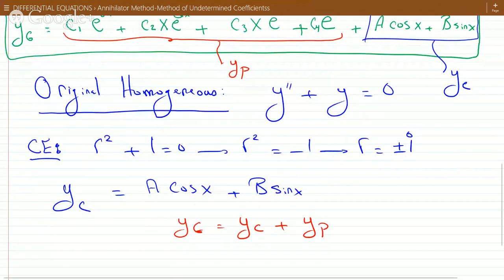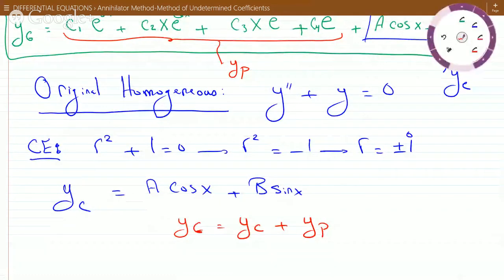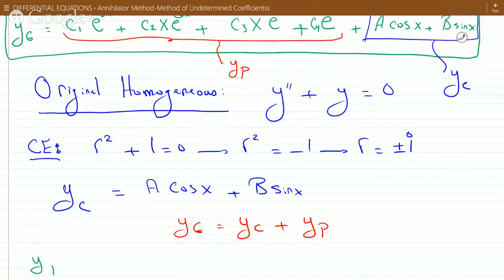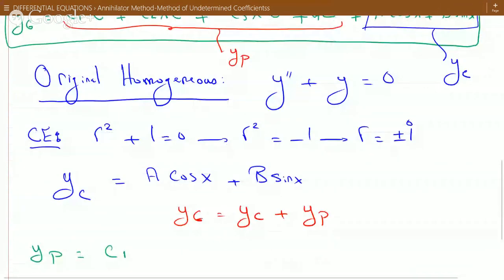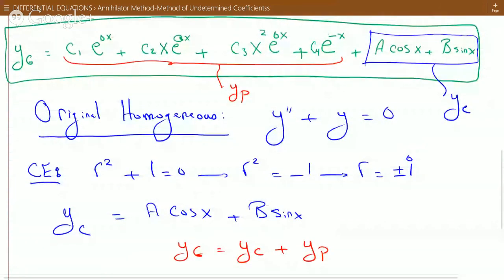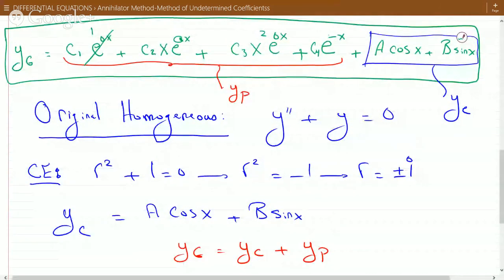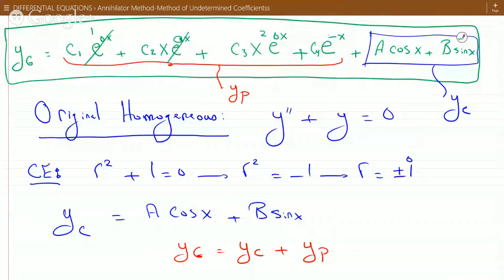So if I'm going to write my y particular, oh, e to the 0, I forgot to knock these out. e to the 0 is 1, e to the 0 is 1, e to the 0 is 1.